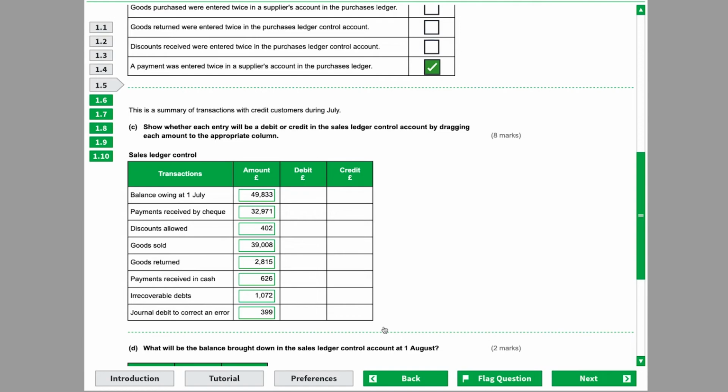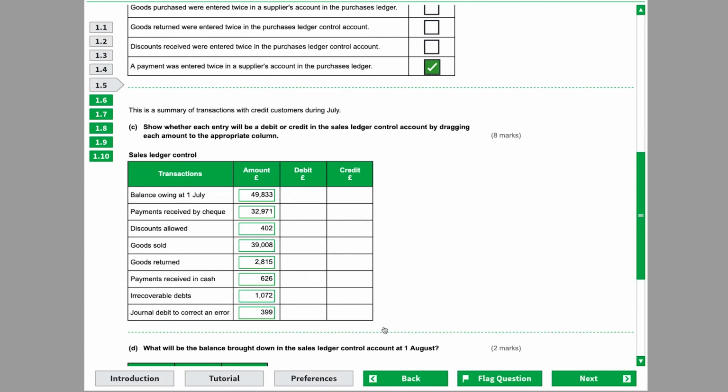Moving on to part C then. This is a summary of transactions with credit customers during July. Show whether each entry will be a debit or credit in the sales ledger control account by dragging each amount to the appropriate column.